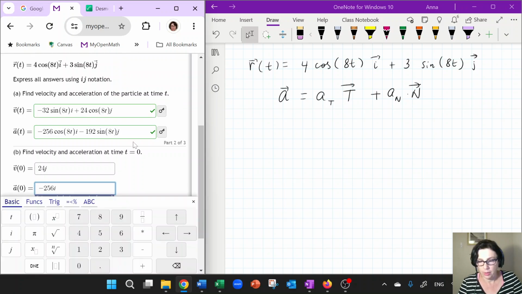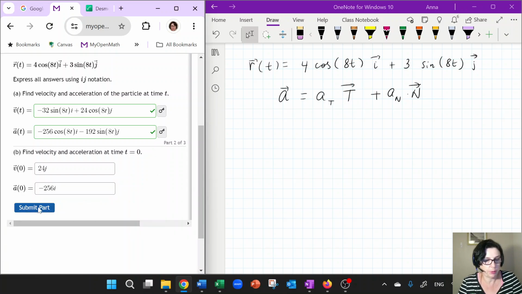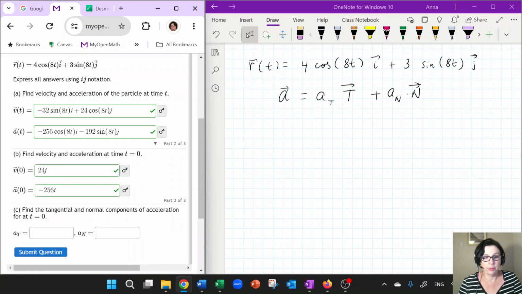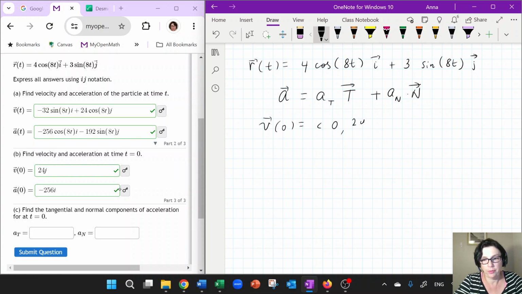And the sine of 0 again is 0, so that's what we got there. Okay, next, so we got two vectors. The velocity vector at 0 is going to be 0, 24. And then the acceleration vector at 0 would be negative 256, 0.